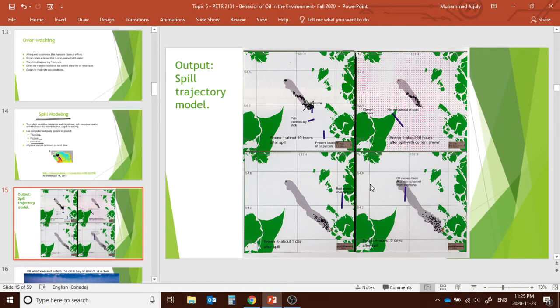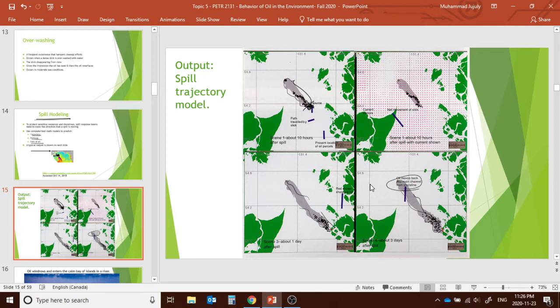So this is the spillage source, and after a couple of hours we see how the oil spill will be encompassed. This is after 3 days, where it could go, and the effect of the winds and the channels and the shorelines.